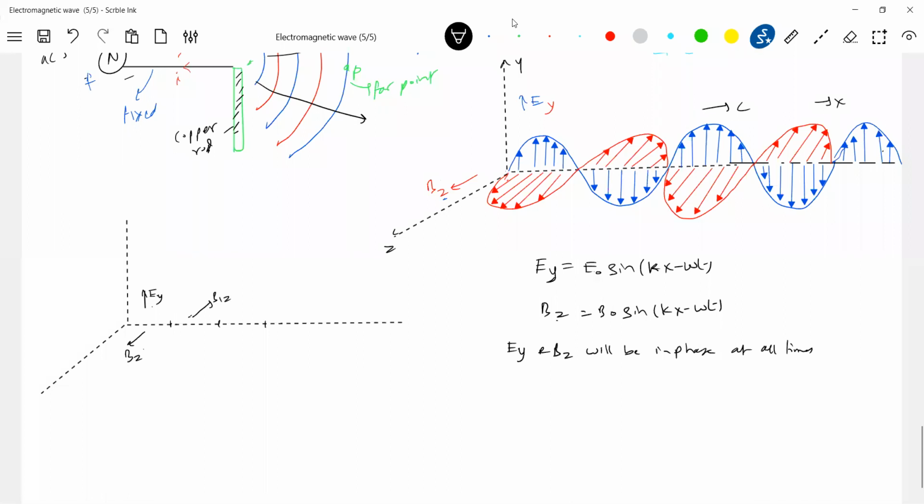This varying magnetic field here will produce E1Y. Continuously from here, the energy will be coming. So continuously EY will be produced, and BZ will be produced. Do you agree? This EY will produce B1Z here, and this BZ will produce E1Y. How is it possible? The laws.